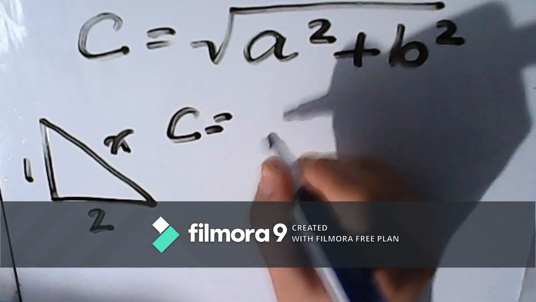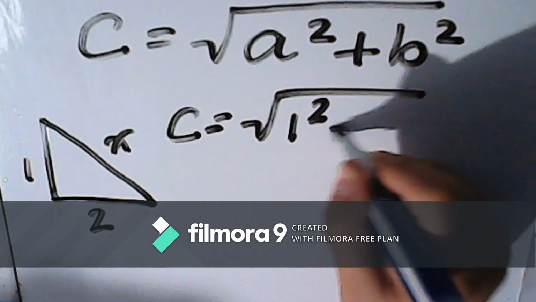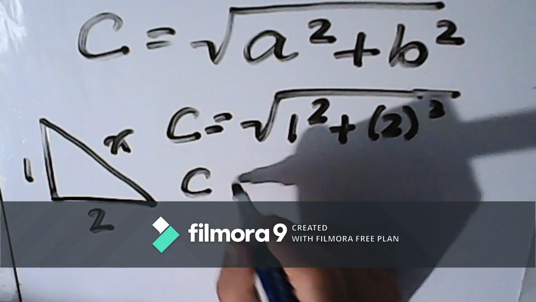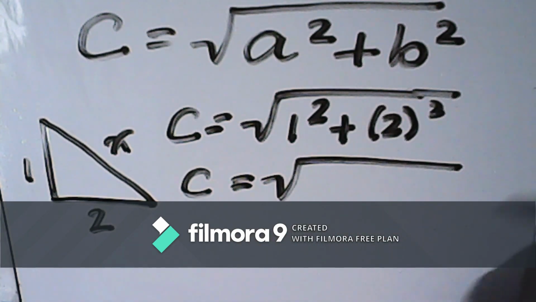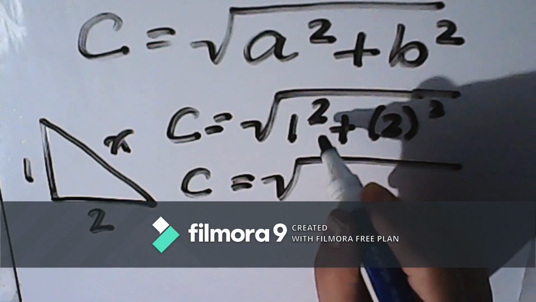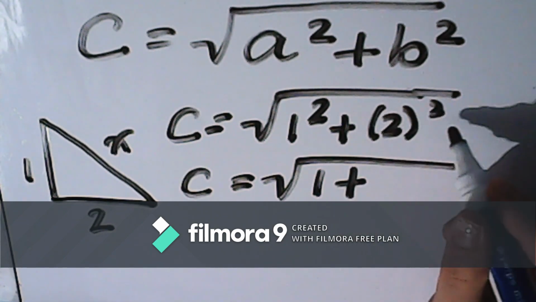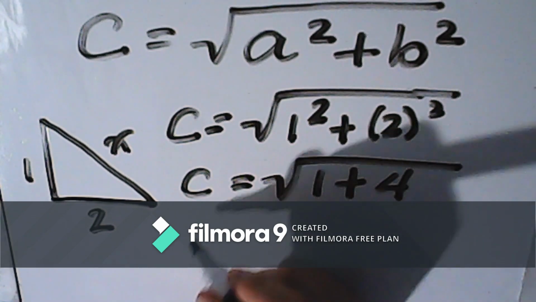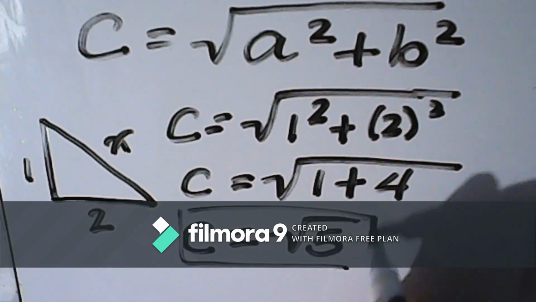So C is equal to the square root of 1 squared plus 2 squared. 1 squared is 1 times 1, so that is 1. Plus 2 squared. 2 squared is 2 times 2, which is 4. So C is equal to the square root of 1 plus 4, which is 5.